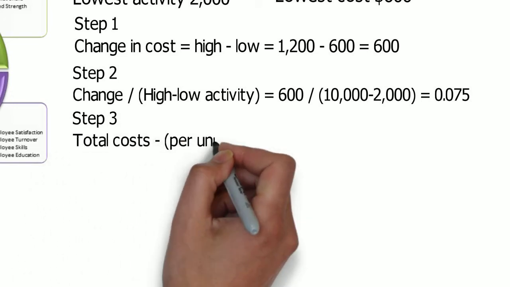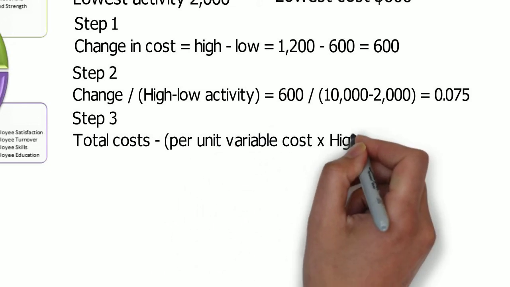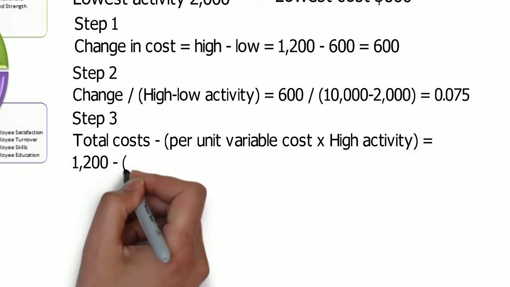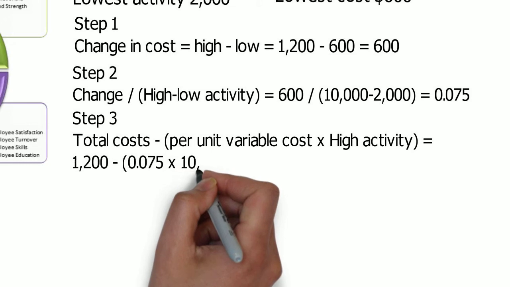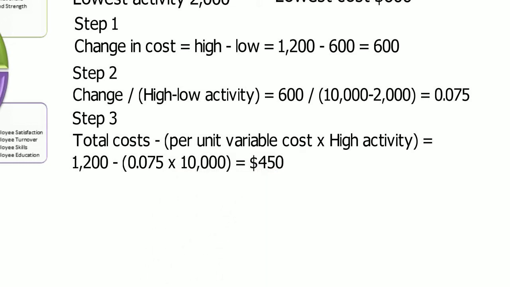Once that's been calculated, our final step is to calculate the fixed costs. So fixed costs are calculated by taking the total cost at the high end, which is 1200, and then subtracting the variable cost per unit that we've just calculated in step 2, that 0.075 number, times our high volume of 10,000 units to figure out what the chunk of change is, in this case $450, that relates to the fixed cost base.